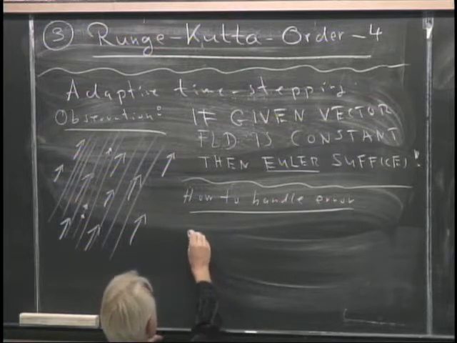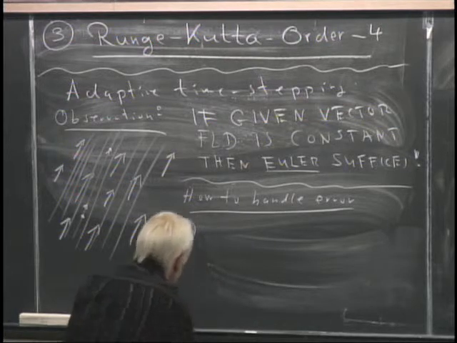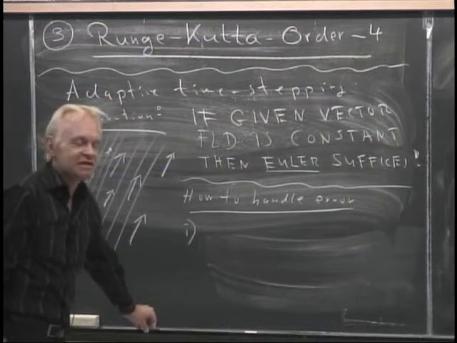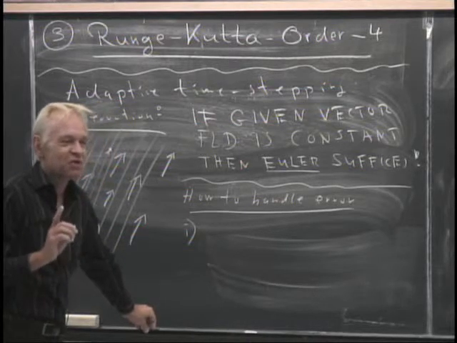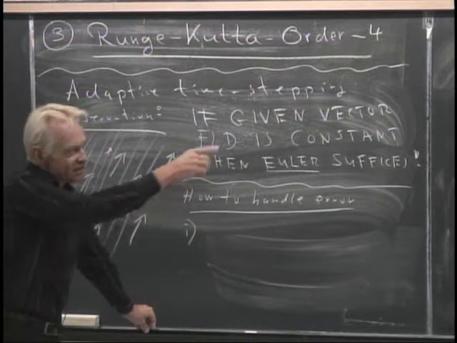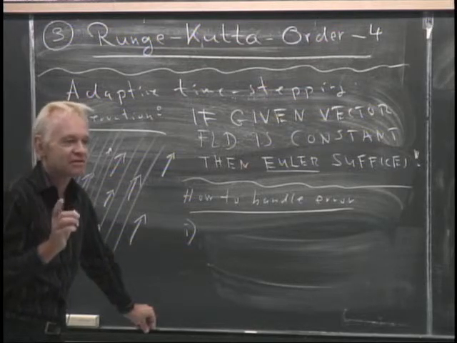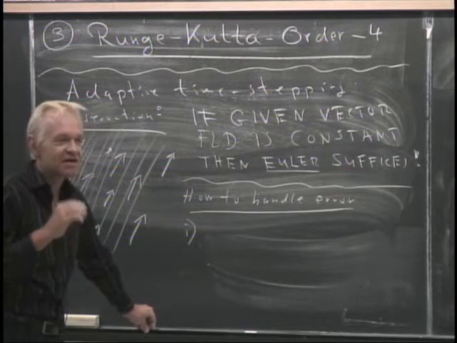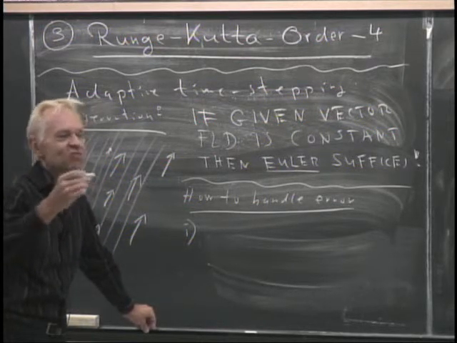This is the sequence of thinking, and I hope you get it. First, I compute a next point using any of these methods using some delta t. Think of delta t as 1 second. I always try to compute the next point using a delta time of 1 second.